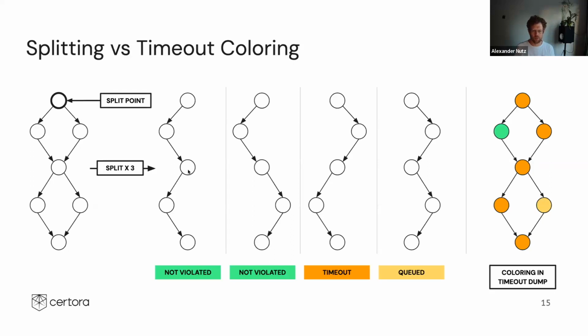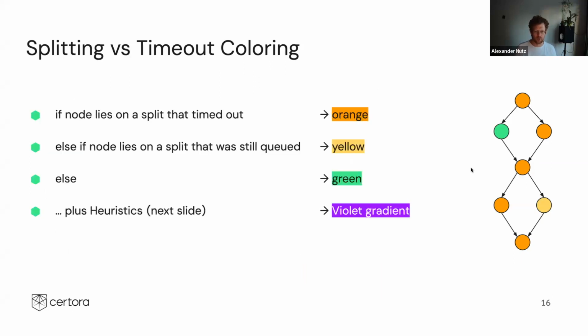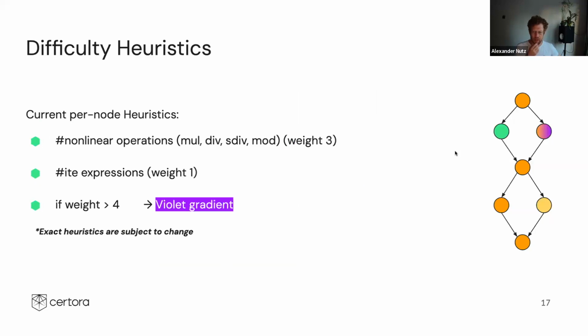So whether we go left or right on this other branching, we have a not violated answer for this. Those are the green nodes. So this is kind of a summary of what I said. And then there are the violet nodes. I showed them already.